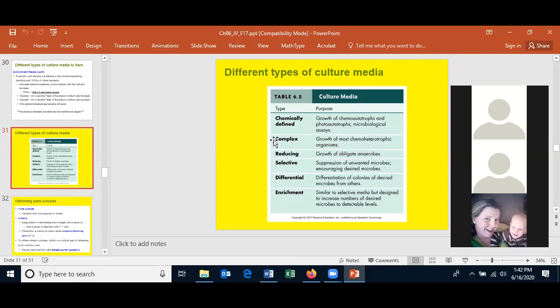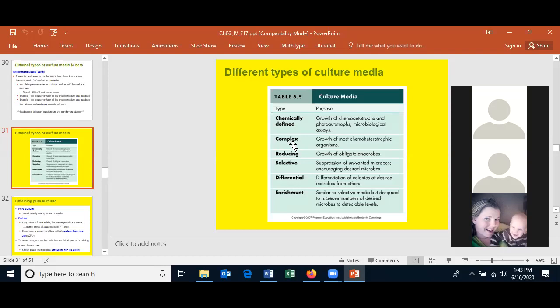A complex media is one where we don't know what all the molecules are, and it may have ground up beef extracts or ground up cow or maybe ground up soybean. And so we don't know what all the molecules are, and we call it complex. And it supplies a majority of the nutrients for microorganisms, and a lot of things can grow in them.